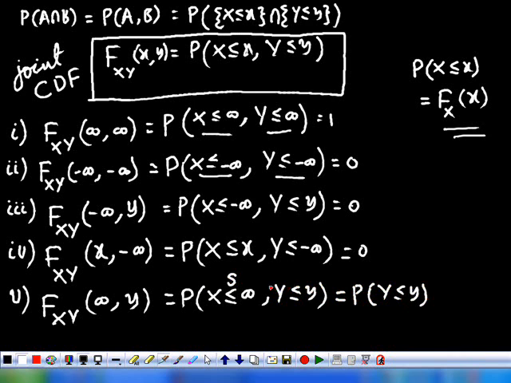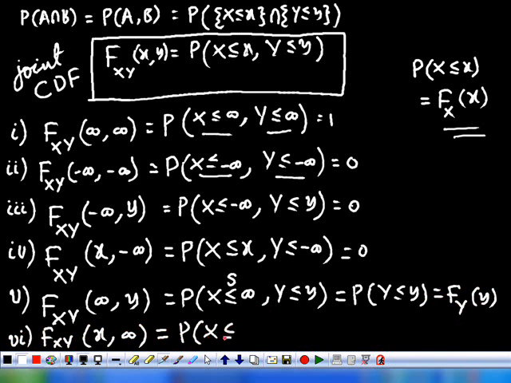Understood? Therefore this is Fy of y. Similarly, we have Fxy of x comma infinity, which is equivalent to probability of x less than or equivalent to x, and this is Fx of x.